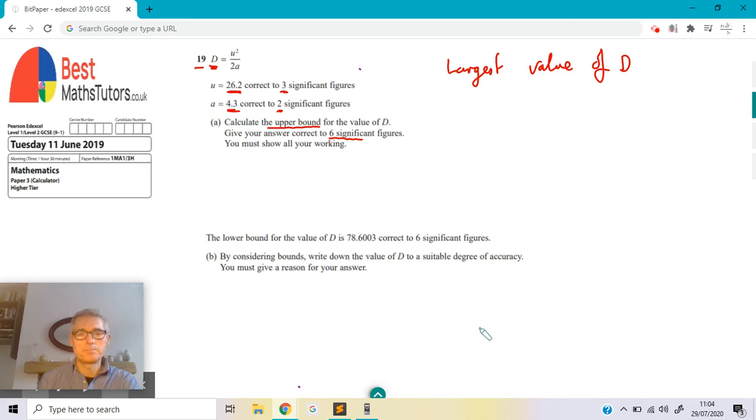If we think about a fraction, one number over another, imagine we want D max. The top value of the fraction would have to be the maximum it could be, and the bottom of the fraction would have to be the minimum it could be.